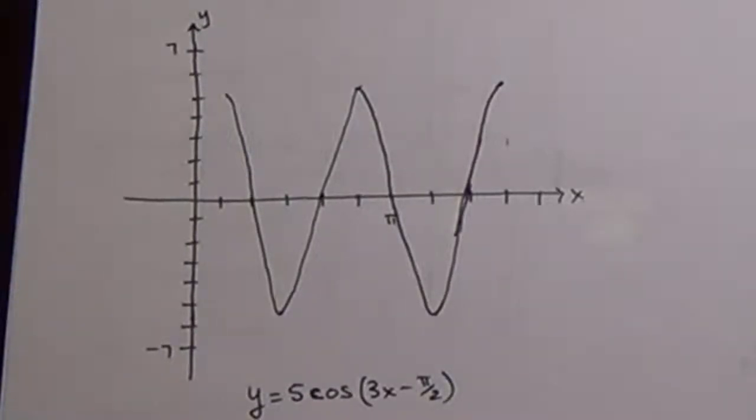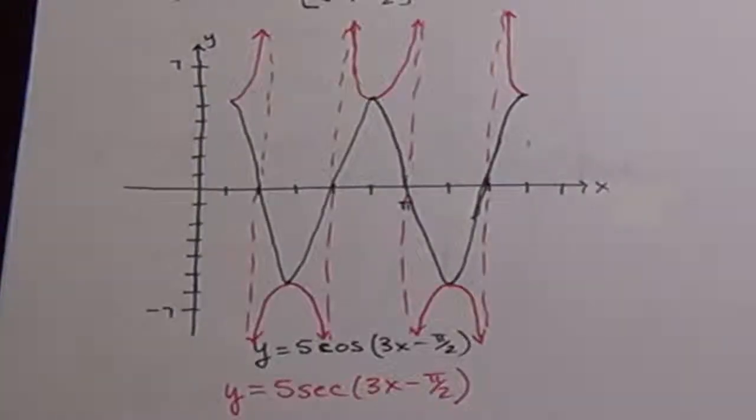So now to get our secant curve, we're going to start by sketching in the asymptotes, and then using the highs and lows to find the lows and highs of the secant curve. So remember, it's a reciprocal of the graph, so everywhere that cosine has a high value, secant is going to have a low value. And everywhere cosine has a low value, secant is going to have a high value. So again, looking at our curve, here the red graph is our graph of the secant curve that we want.